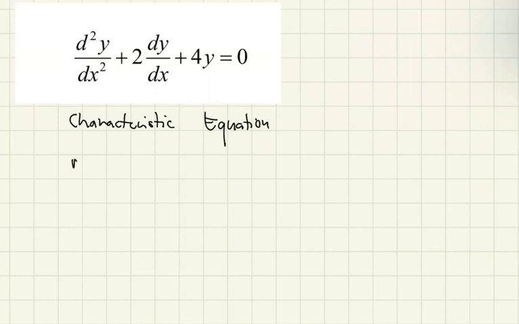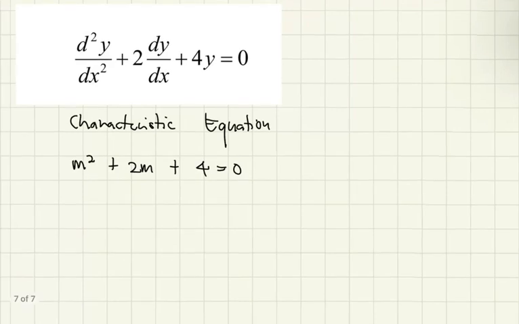So we have m squared plus 2m plus 4 equal to 0. Okay, by using the quadratic formula or by using a calculator, you can find the solution.